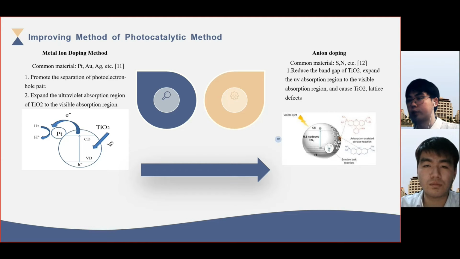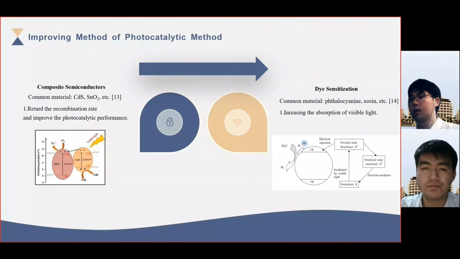Next, ion doping. Commonly used materials are sulfur or nitrogen, and so on. It can reduce the band gap of titanium dioxide, expand the UV absorption region to the visible absorption region, and cause TiO2 lattice defects. Next, composite semiconductors.